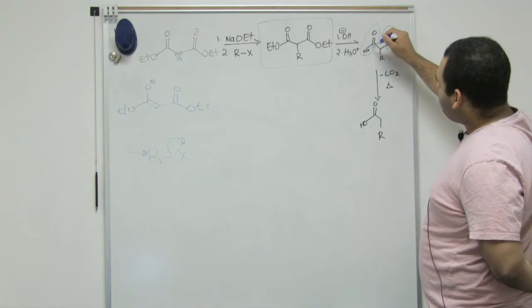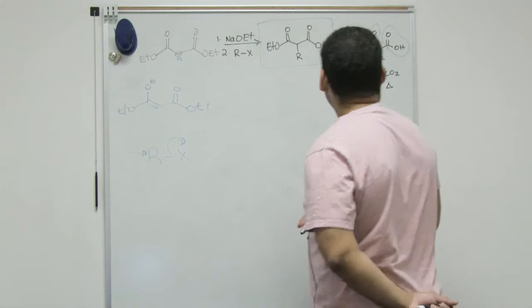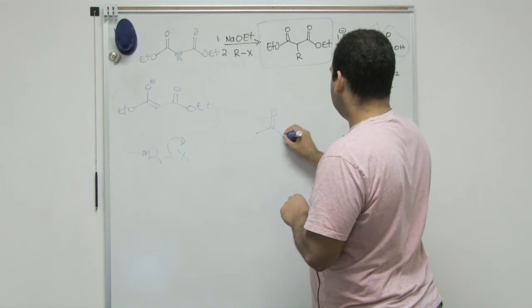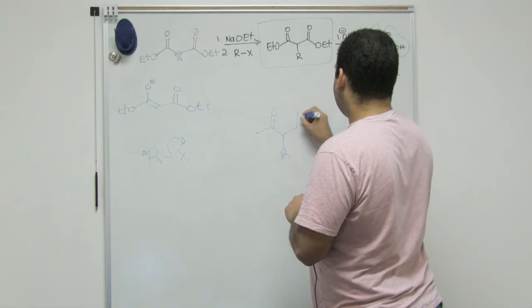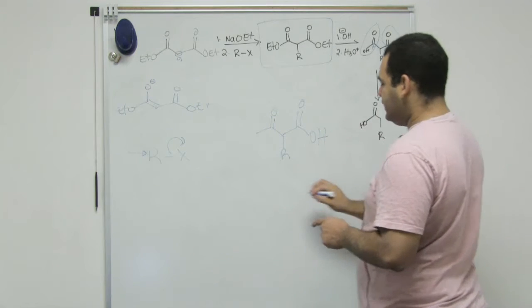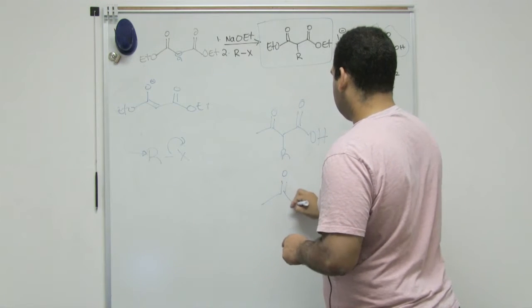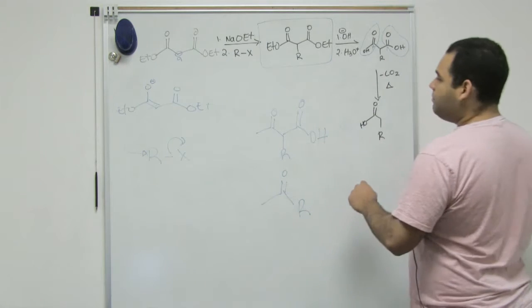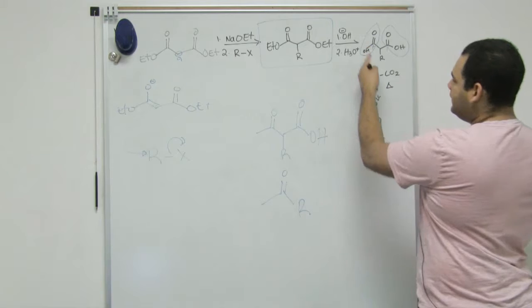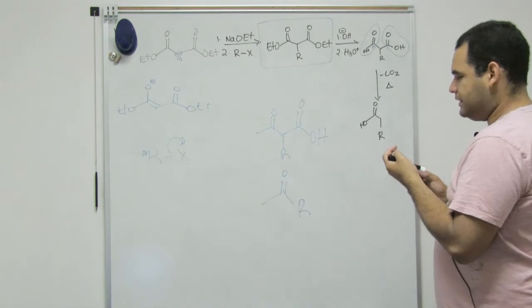Remember, if in this beta position, instead of a carboxylic acid, I have a ketone, like this, my final product would be a ketone. But because in my beta position I do have a carboxylic acid, my final product would be a carboxylic acid.